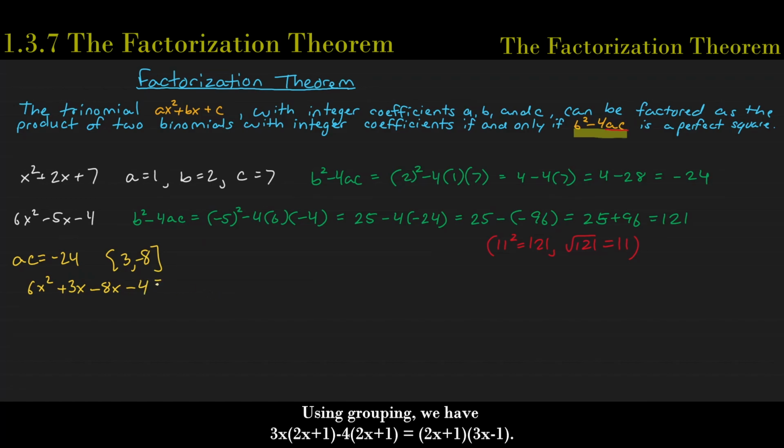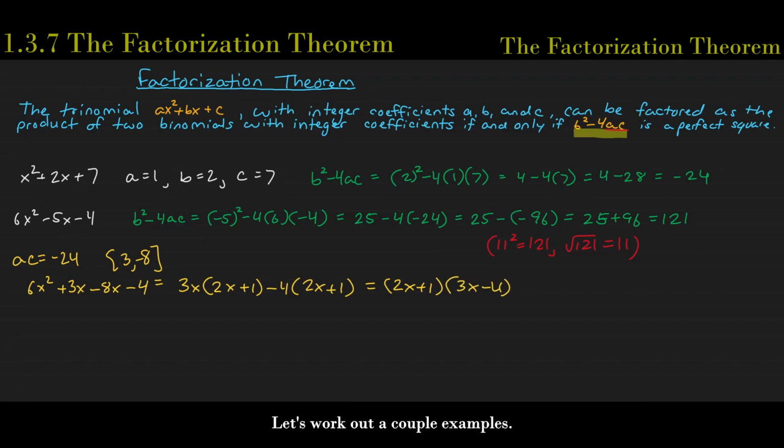Using grouping, we have 3x times 2x plus 1 minus 4 times 2x plus 1, which equals 2x plus 1 times 3x minus 4. Let's work out a couple examples.